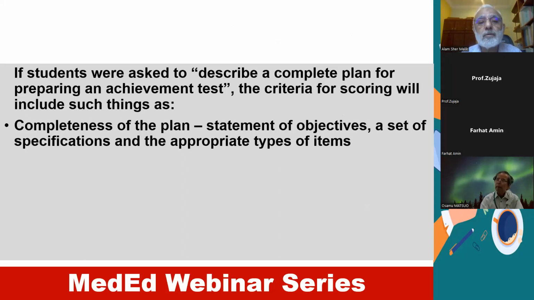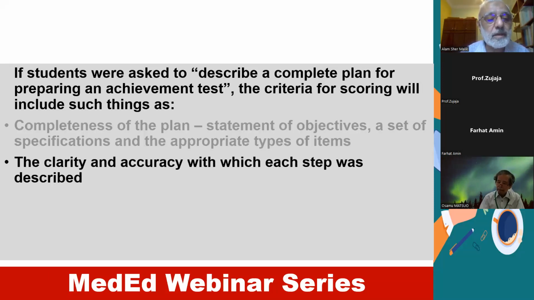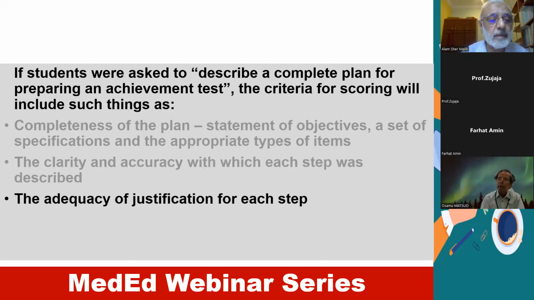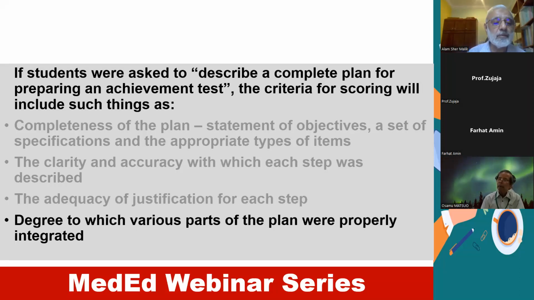As the question requires to describe a complete plan, we need to see the completeness of the plan as one of the criteria, and that should include, for example, statement of objectives, a set of specifications, and appropriate types of items. Number 2, the clarity and accuracy with which each step was described. 3, the adequacy of justification for each step. And 4, degree to which various parts of the plan were properly integrated.